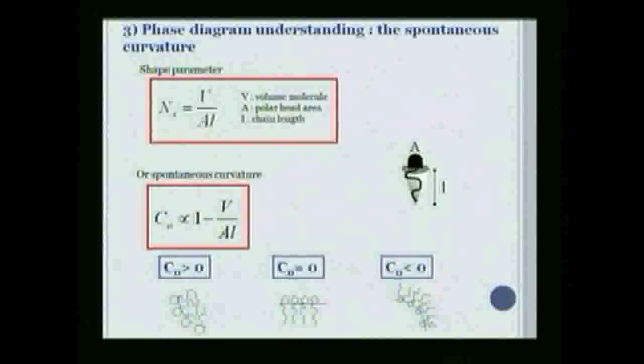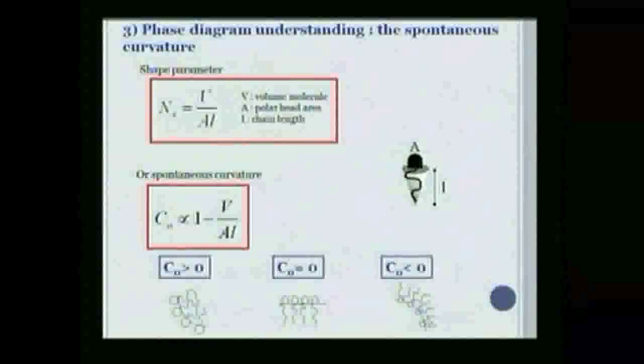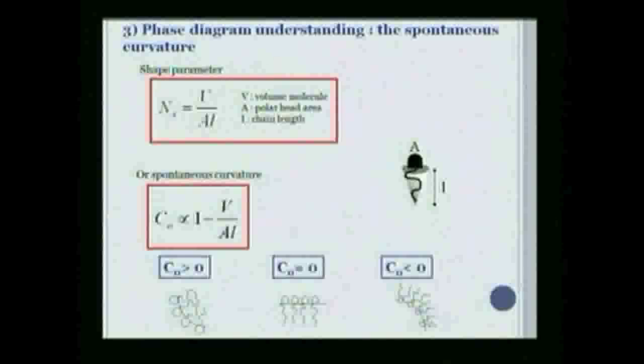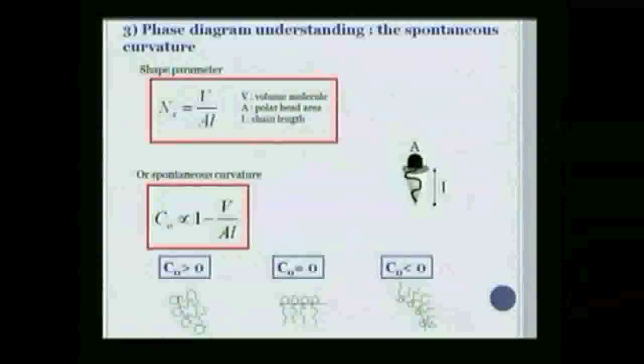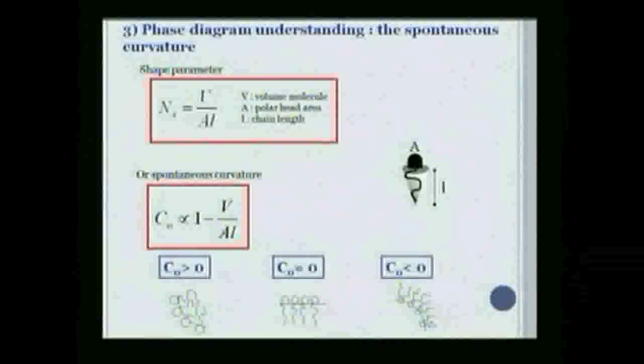Then, in this formula, you have V, and in this ratio, you find A, which is the area of the polar head, and L, which is the length of the chain. So you see that the shape parameter is the ratio between the volume of the hydrophobic part over the area of the polar head.